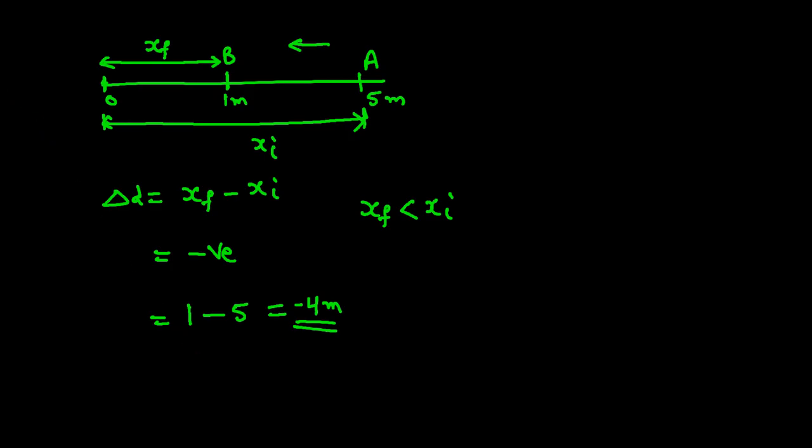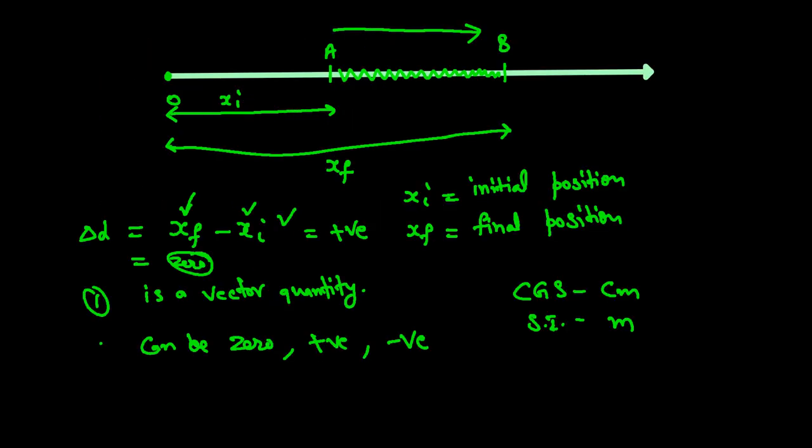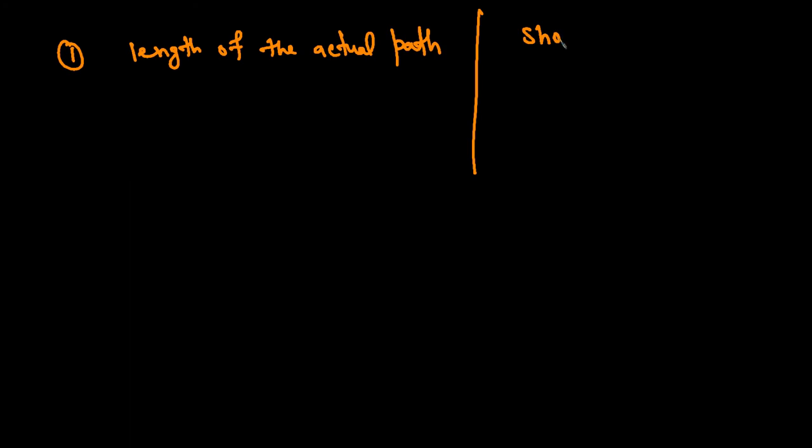Okay, so those are some basic examples you can use to differentiate distance and displacement. Let me sum them up on this page. Distance is the length of the actual path traveled by a particle, whereas displacement of a particle is the shortest path.